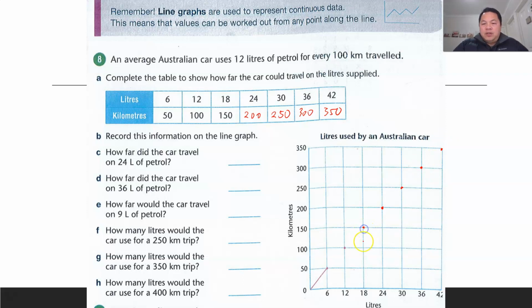So you have all the dots ready, and from there you extend the line all the way up to here. With that information, you will be able to solve the rest of the question.